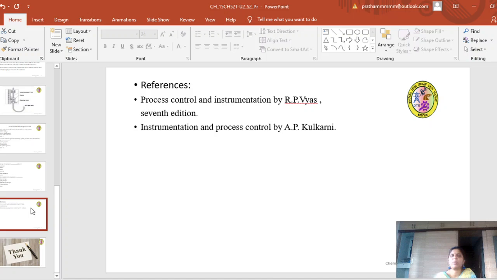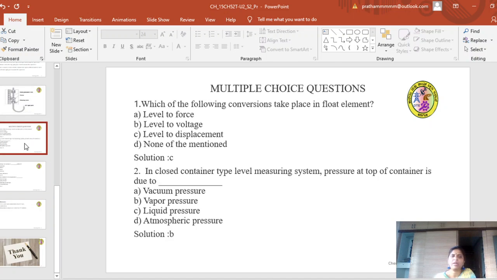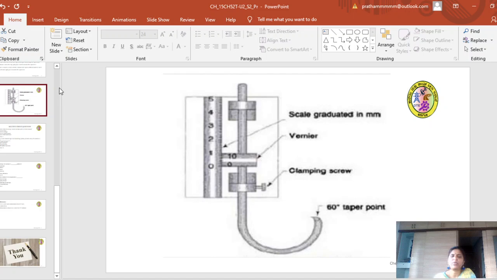For references, you can follow these two books as I have been showing from session 1. I hope you have understood this session and benefited from it in understanding liquid level measurement by the direct method.